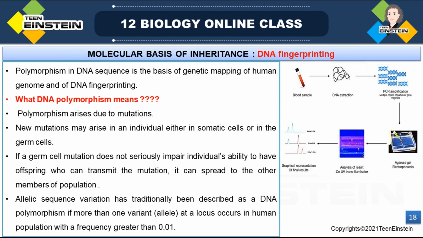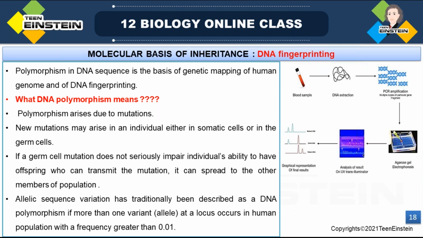So a simple mutation can be passed to the next generation and next population through reproduction, because it is not affecting the reproductive capacity of that organism. So slowly it is moving to the next generation and to next members, right?